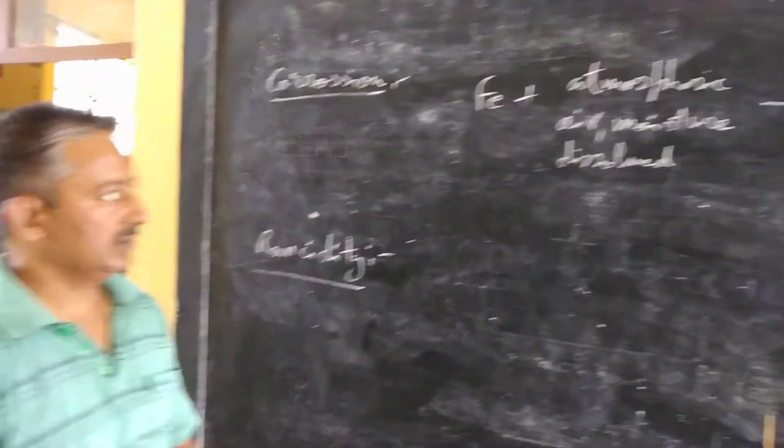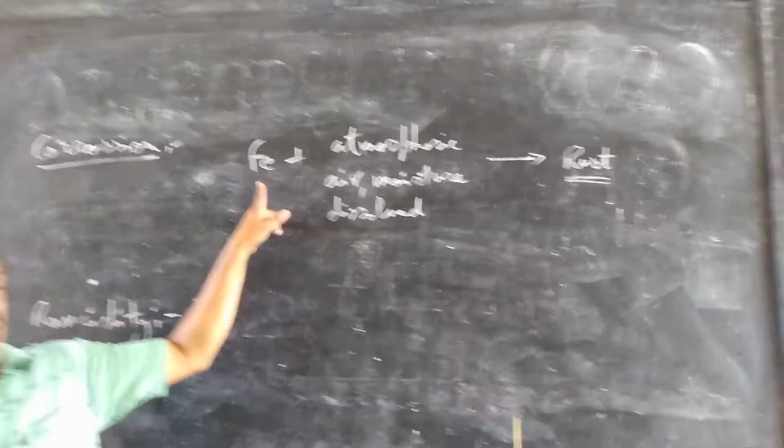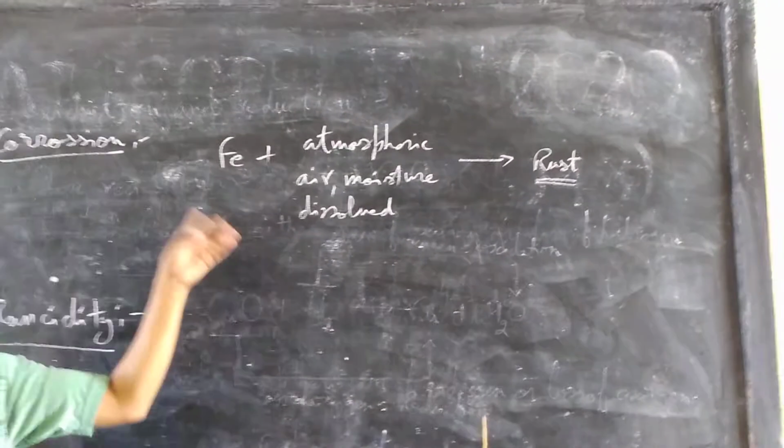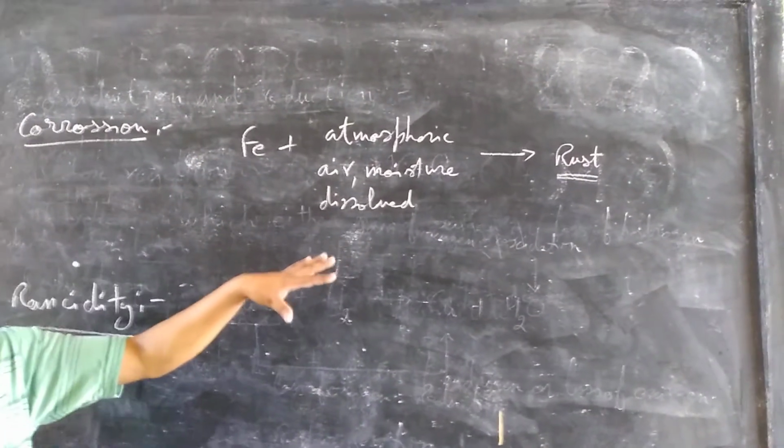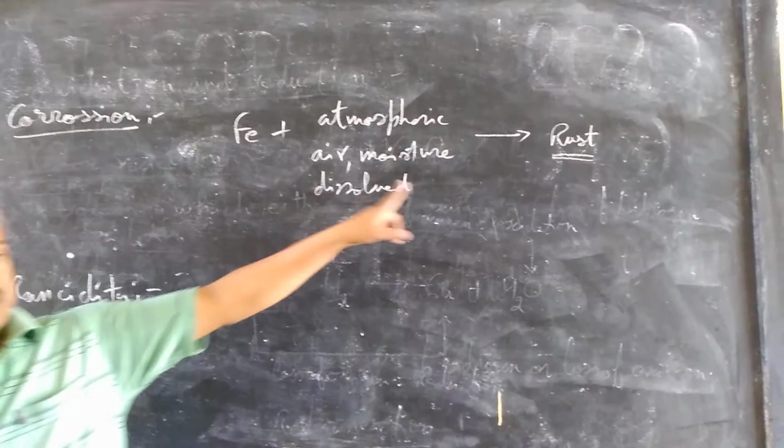This process is called corrosion. So what is corrosion? Iron particles undergo oxidation process and they become rusty.